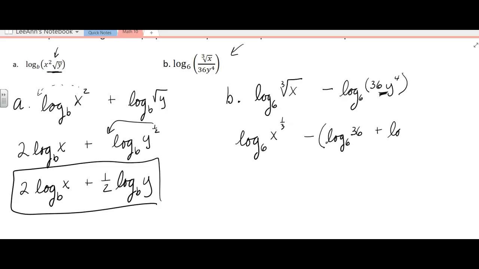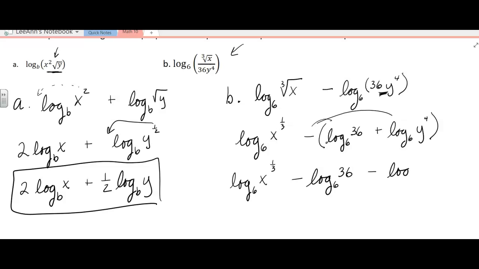All right, log base 6 y to the 4th. Okay. And then I'm going to have to distribute that minus sign at some point. So let's just do that now. Log base 6 of x to the 1/3 minus log base 6 of 36, which I'm going to deal with, minus log base 6 of y to the 4th, and then we'll deal with these exponents.